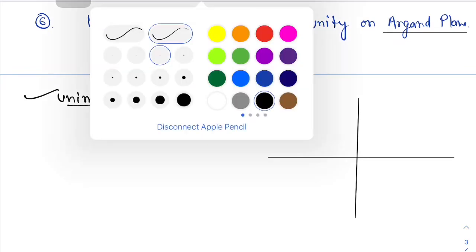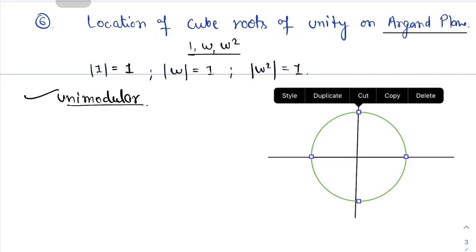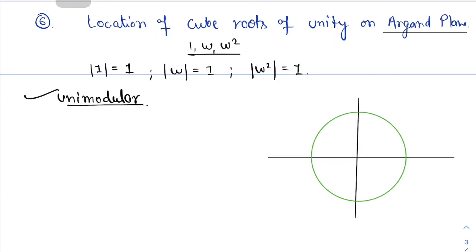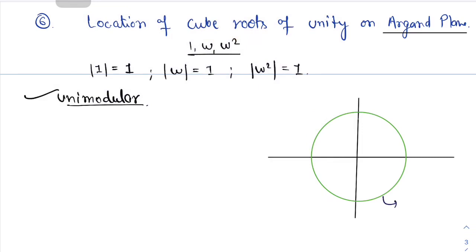It means if I draw a circle of unit radius, whose radius is equal to 1 and having its center at the origin, all those complex numbers which are on this unit circle, any circle having its radius equal to 1 and center at 0, have modulus equal to 1, because modulus represents the distance of that complex number from the origin.